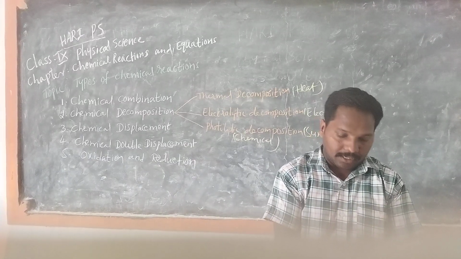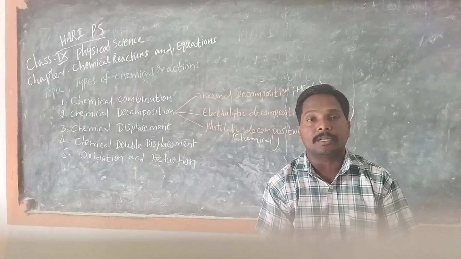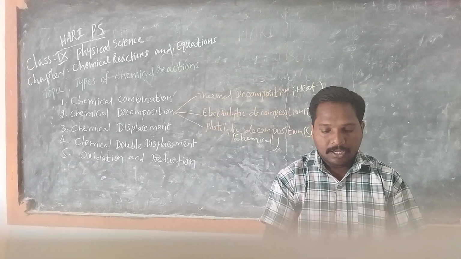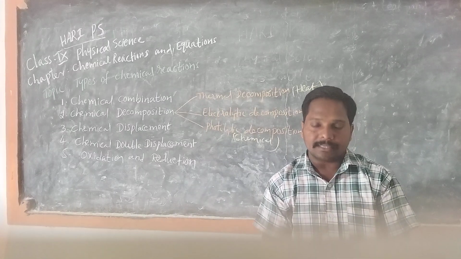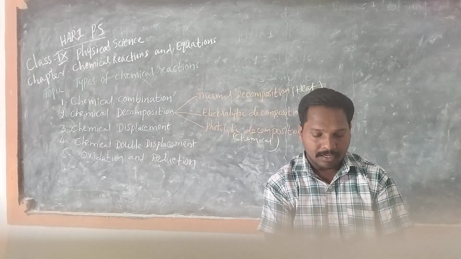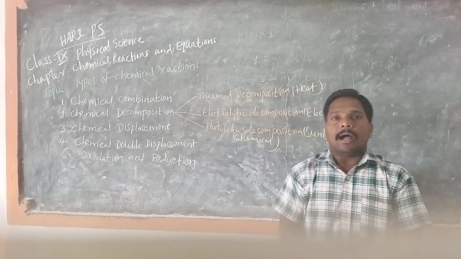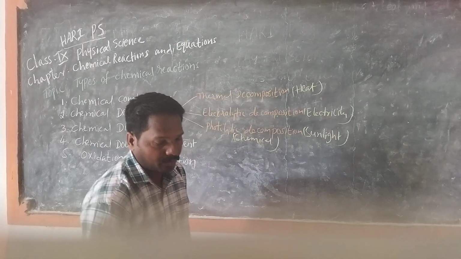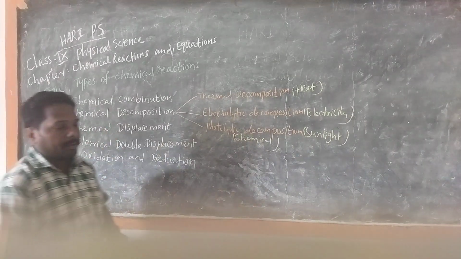For a combination we require at least 2 substances. If 2 or more atoms, elements or substances combine together and form only one product, it is called chemical combination.